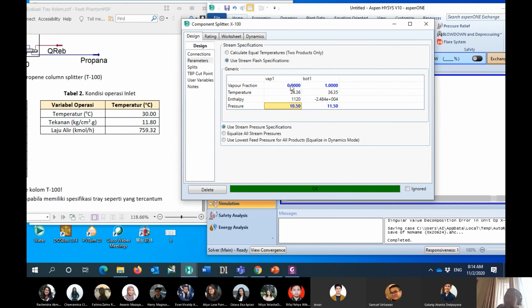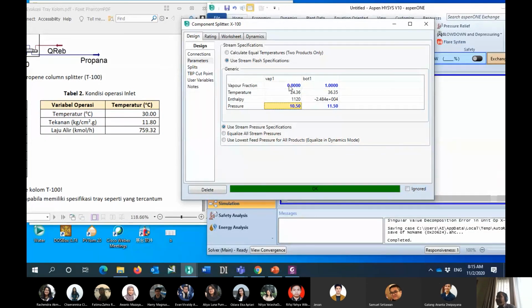I have to limit it, for example to 0.5, to allow that nitrogen and hydrogen not to be condensed. By allowing nitrogen and hydrogen to stay in the vapor phase, the required temperature will not be so low. This is the way we find the condition for our operation.